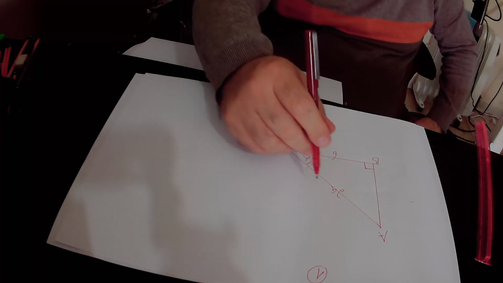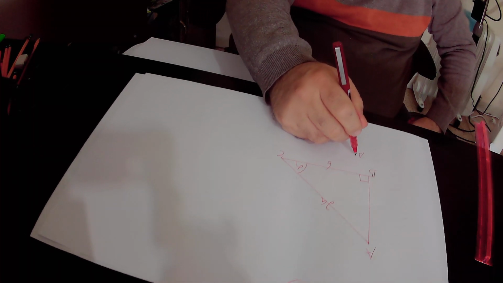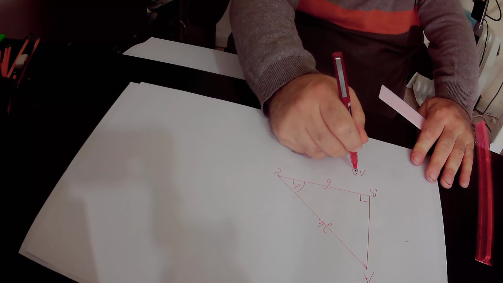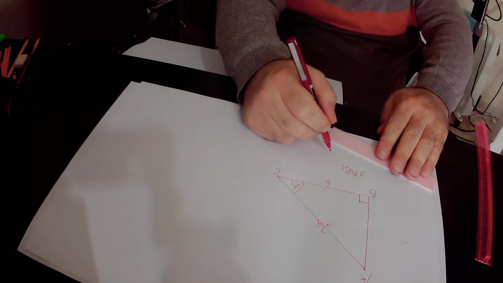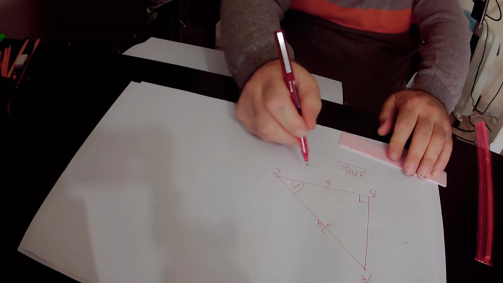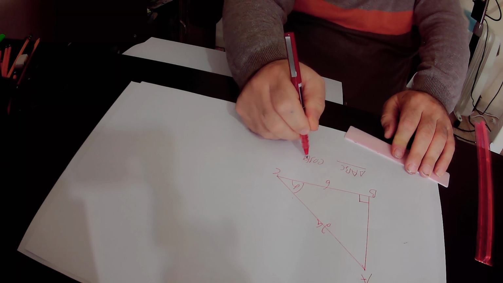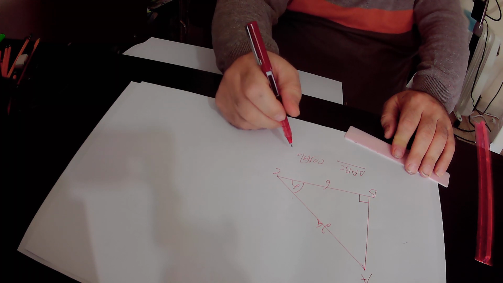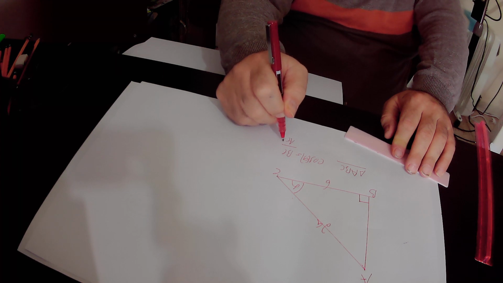Here in the right triangle ABC, we know that cosine alpha equals BC over AC.